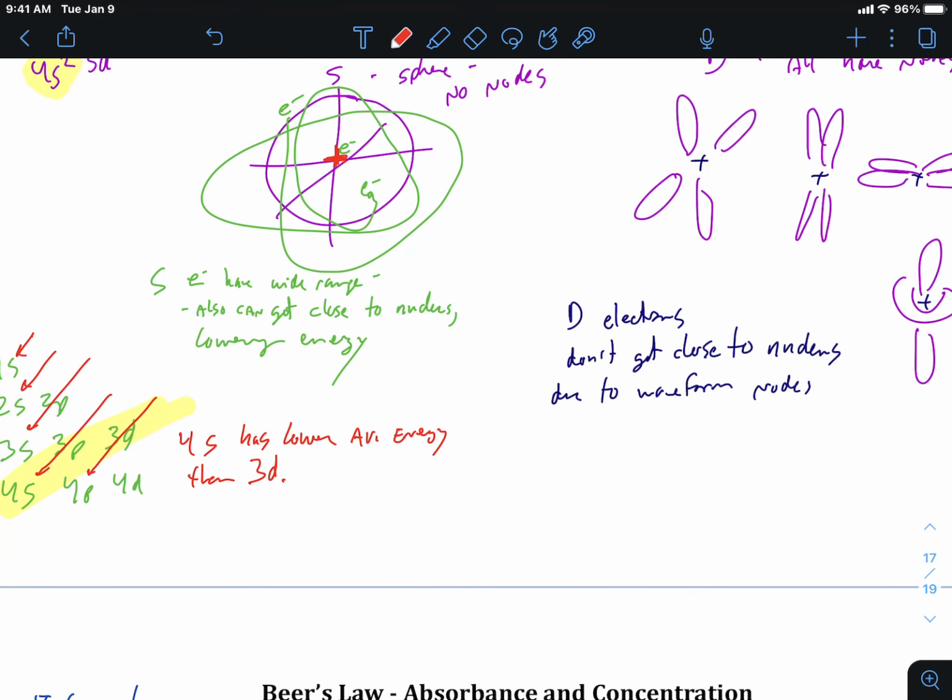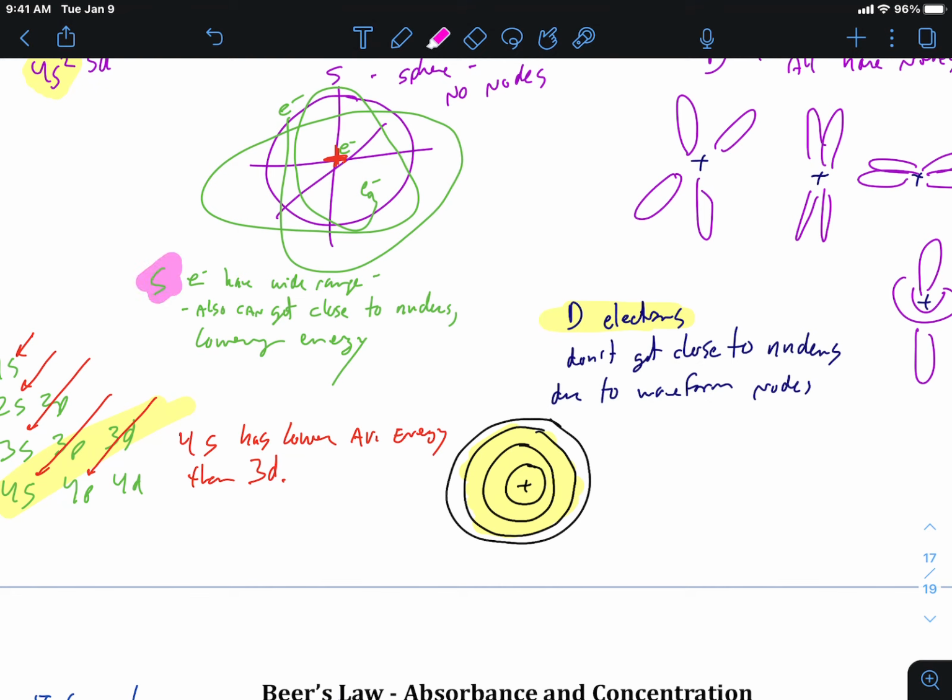So if the yellow represents the range of the D's, and this the s electron range, because it ranges out farther, it's easier to remove an s electron.